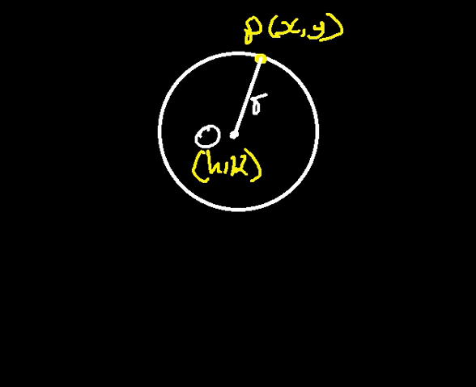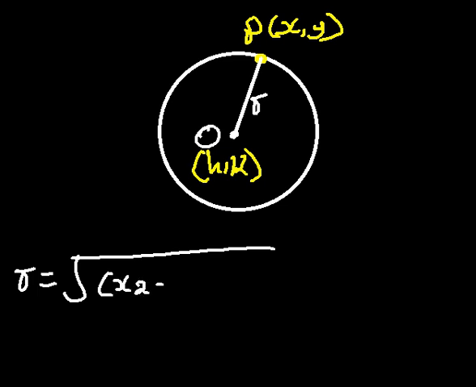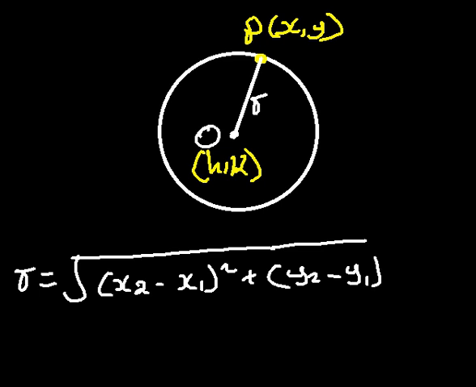And of course, using the distance formula, I'll have the radius equal to the square root of, now should be x2 minus x1, to the power 2, plus y2 minus y1 to the power 2.